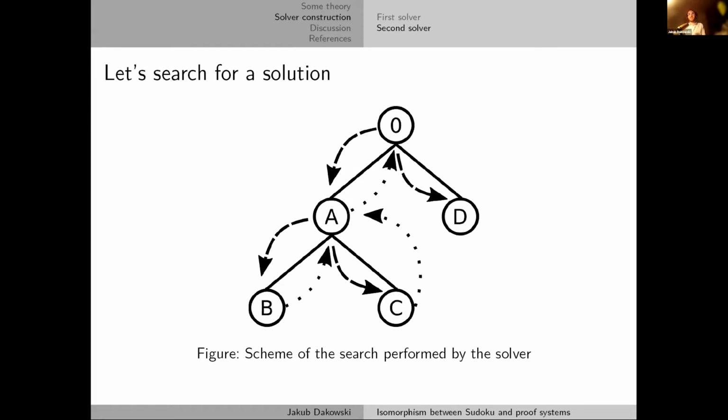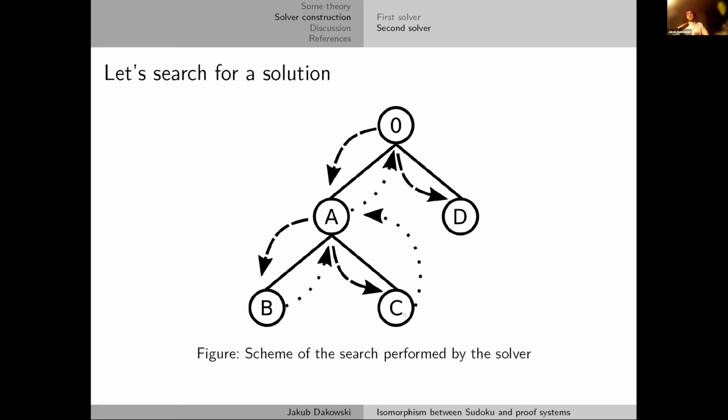If no contradiction is found, we create another assumption. Now let's imagine that a contradiction was actually found. So we can backtrack to the A point from the B point. Now we know that the assumption that we created in B is false. So we already know something, even though we didn't really reach a solution.